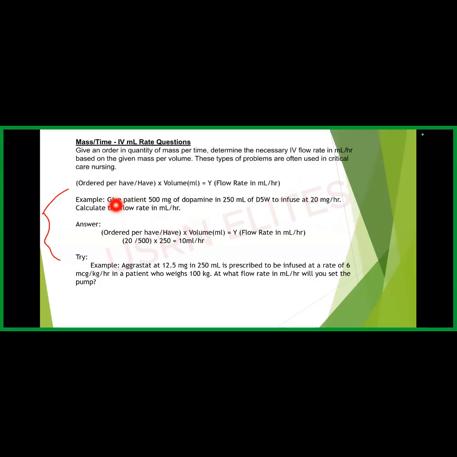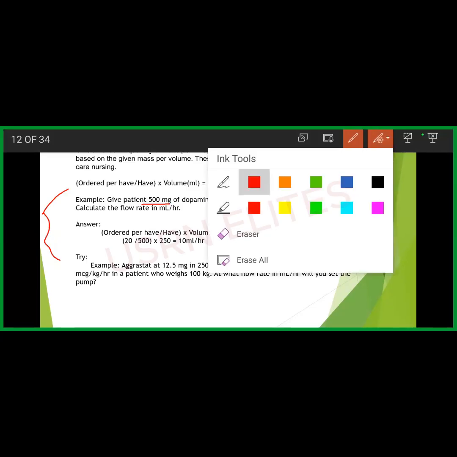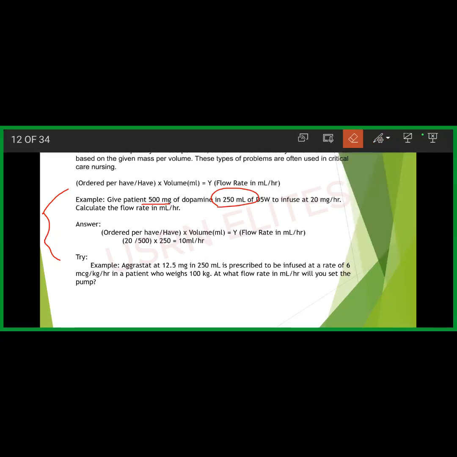So there's the question. All right, so let's see. They've given this to you that the whole preparation should be 250 mils for every 500 milligrams. So that is our first key here.